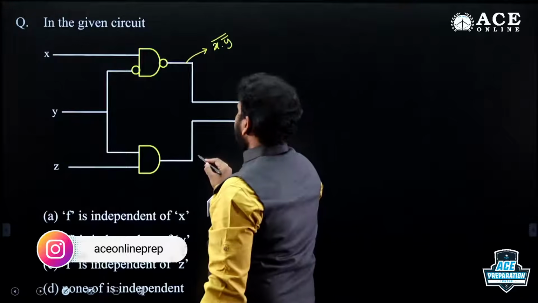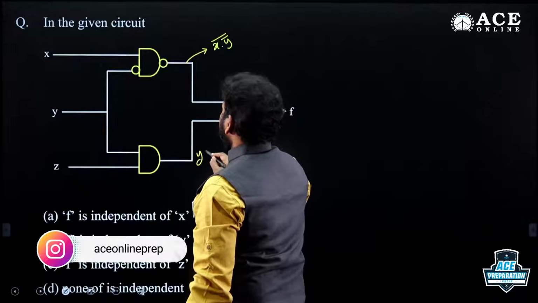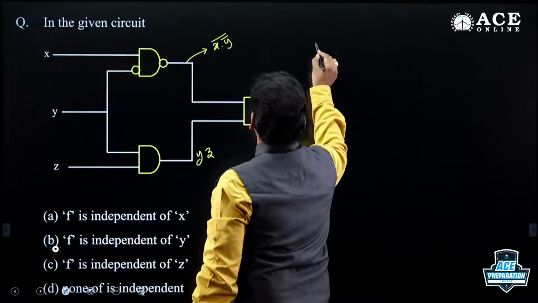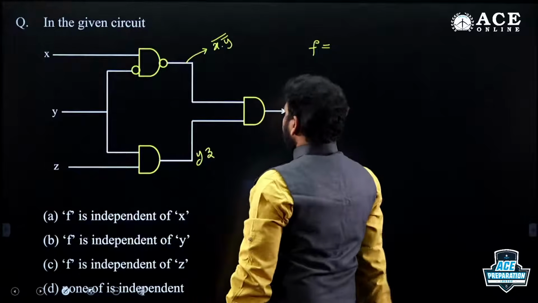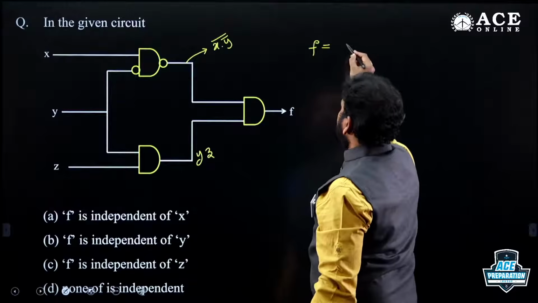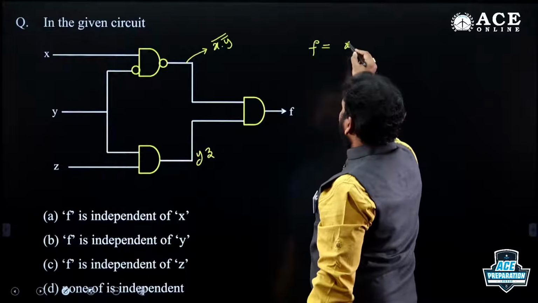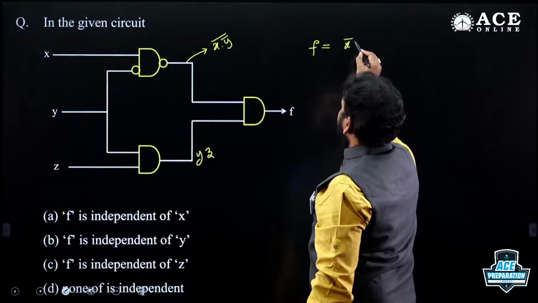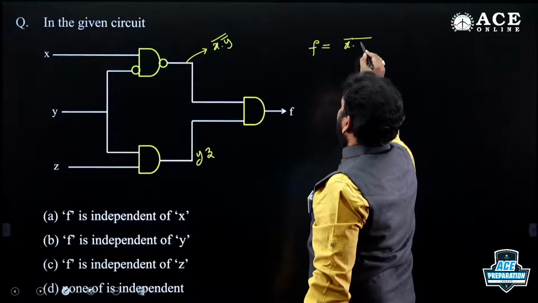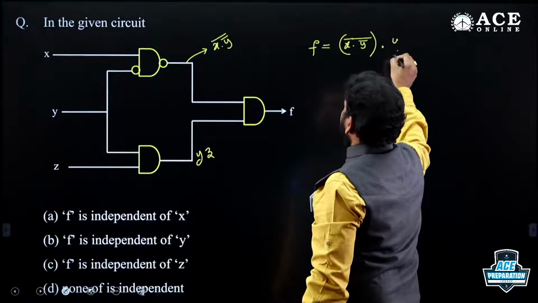This is y, z. So, f is equal to AND operation. X dot y bar dot yz.